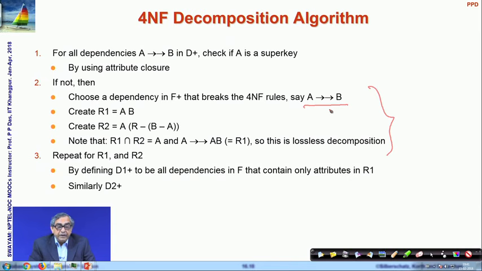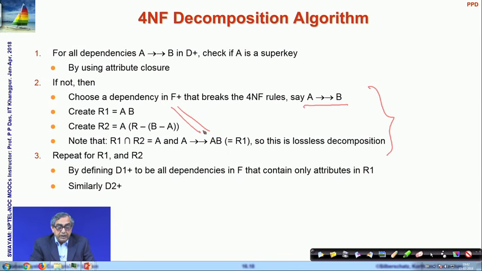So, now if there is any offending multivalued dependency which is not satisfying the 4NF form, we can decompose the relation into R1 and R2 as in here, which is exactly like the Boyce-Codd normal form, and then the rest of it is simple. Another important point that you must note is that in this process you actually guarantee lossless join.